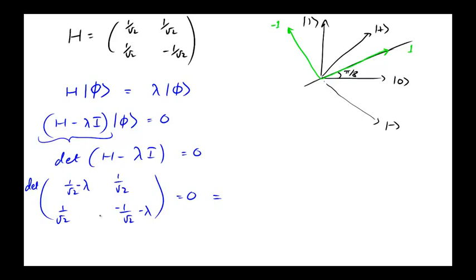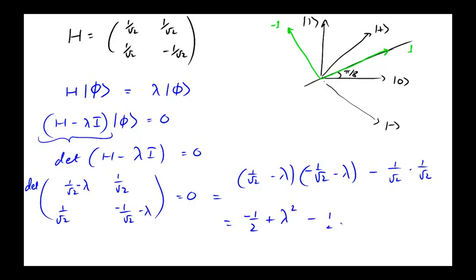It's this times this minus this times this, so it's 1 over square root 2 minus lambda times minus 1 over square root 2 minus lambda, minus 1 over square root 2 times 1 over square root 2, which is minus a half plus lambda squared minus a half equal to 0, which means lambda squared equals 1, so lambda equals plus or minus 1 as we wanted.